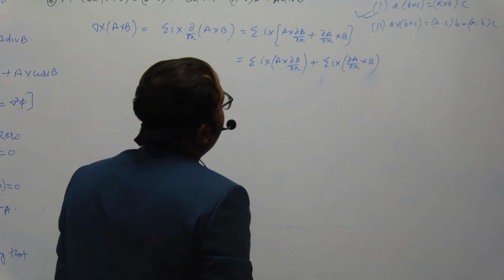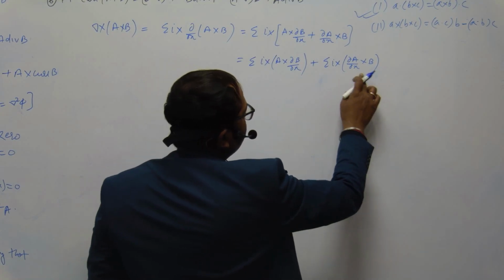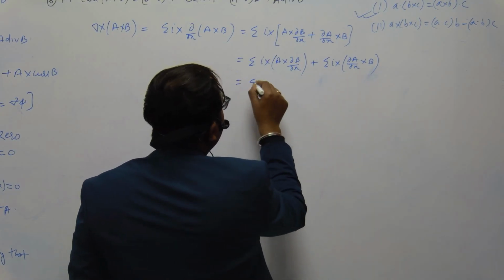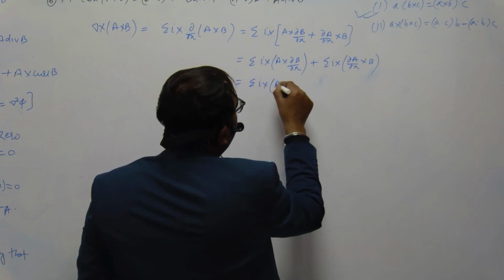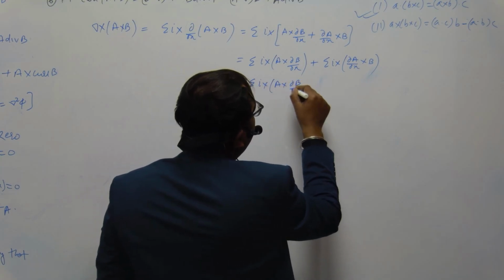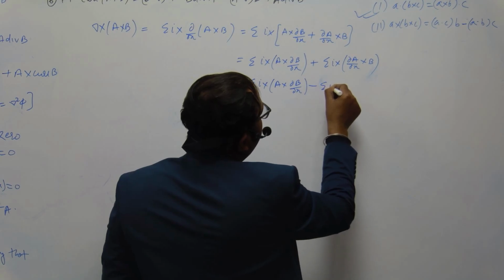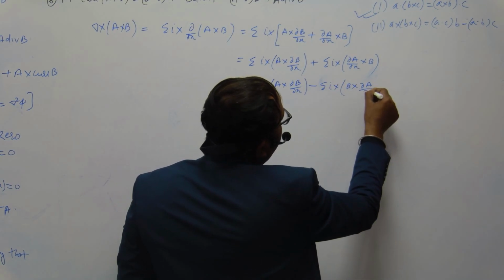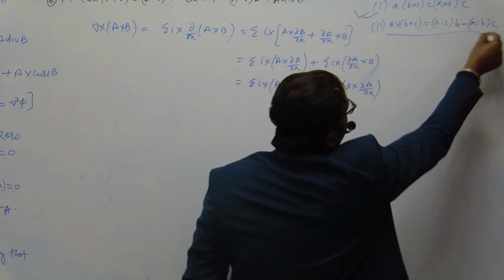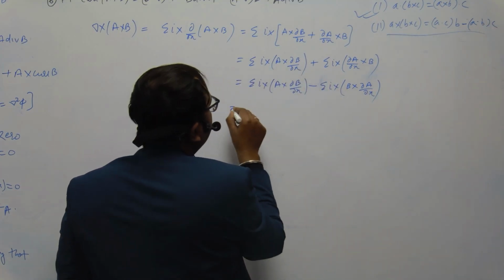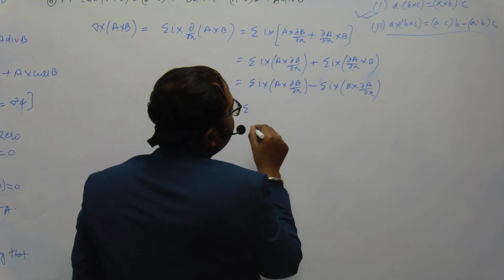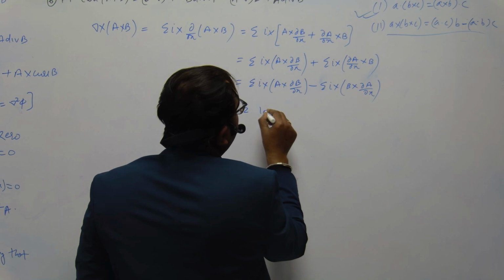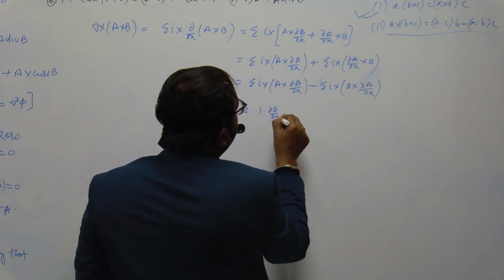Okay, so we can change the order of this cross product. This is equal to summation i cross a cross del b upon del x minus summation i cross b cross del a upon del x. Okay, so let us use this identity. So this is equal to summation a dot c. So this is i dot del b upon del x.